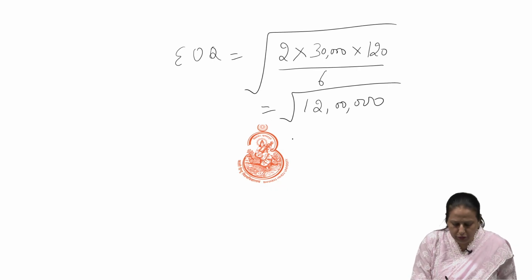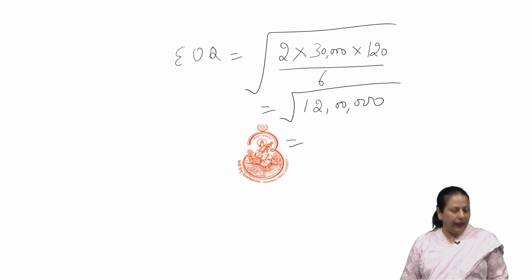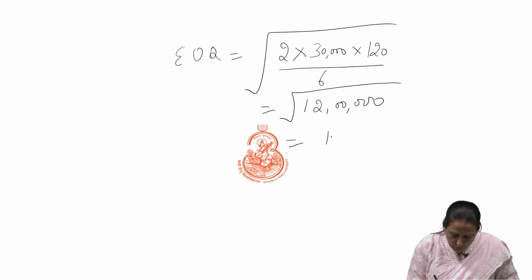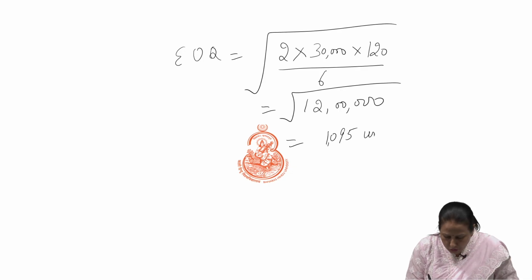Using the formula, we reach the figure of 12 lakh. When we find out the square root of the same, we get 1095 units approximately as our EOQ, economic order quantity.